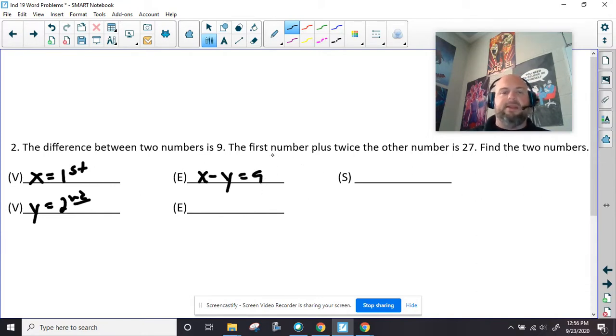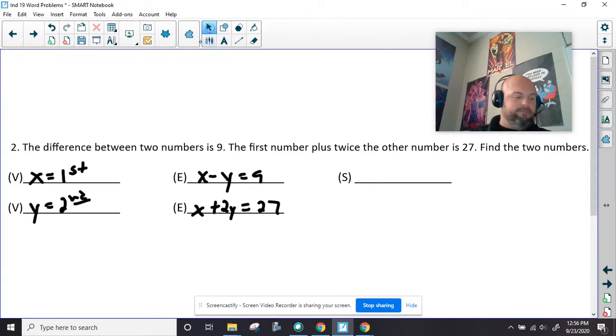All right. The first number, x, plus twice the second number is 27. Okay. Now, you could do a couple things. You could do substitution. You could do elimination, whatever. But this is actually one of these that you're going to have to solve on your homework. Not me. All right.